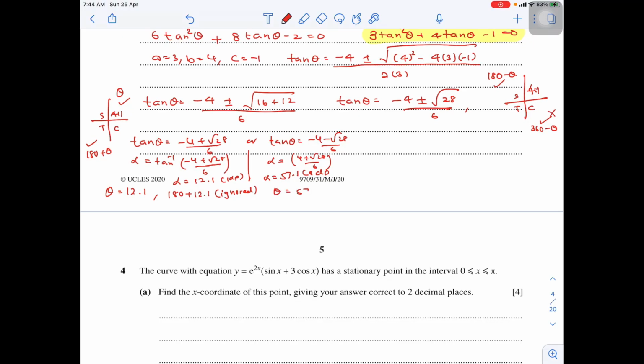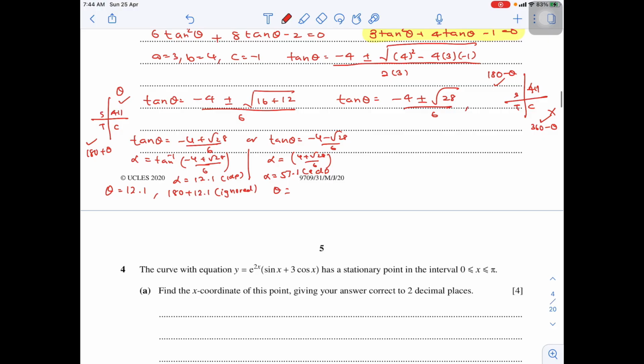Since theta lies between 0 to 180, I will ignore the fourth quadrant part. So theta is 57.1, and I have to subtract it from 180 because it is in the second quadrant.